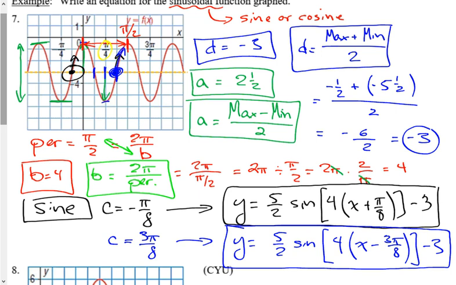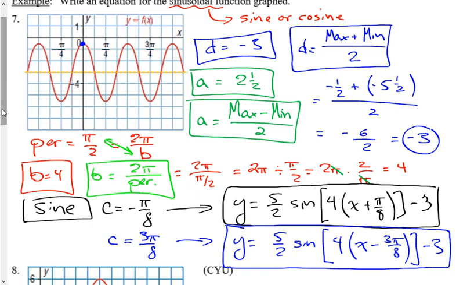But I could write an equation for a cosine function. So let's do that. This is such a mess up here, I'm going to erase what I've drawn on the graph. And given the choice, I kind of like the cosine option because cosine starts at a maximum, which would mean this has no phase shift, which is just a simpler equation.